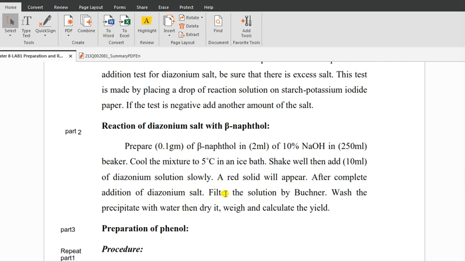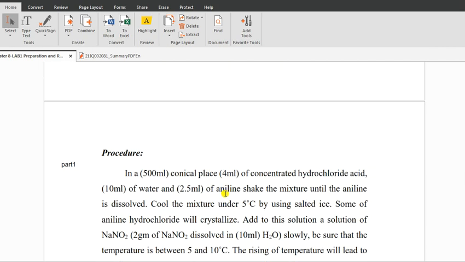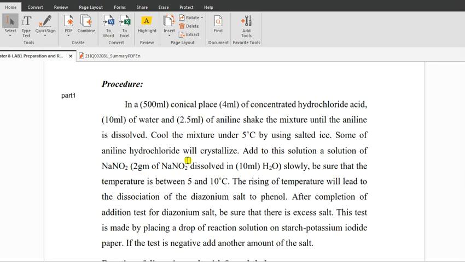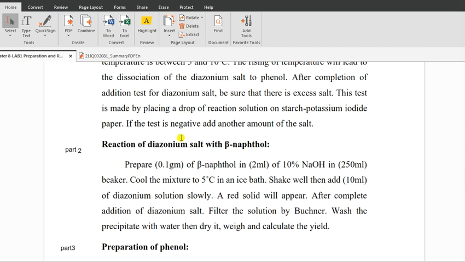Again, this experiment has 2 parts in the first week: part 1, preparation of diazonium salt, and then reaction of diazonium salt with the beta-naphthol solution to prepare a compound as a red solid product.